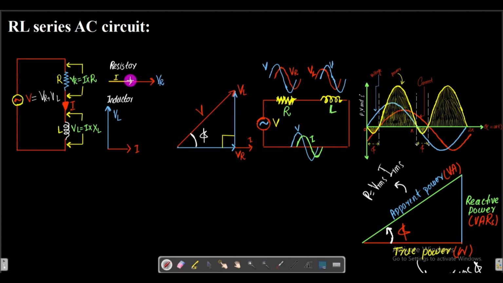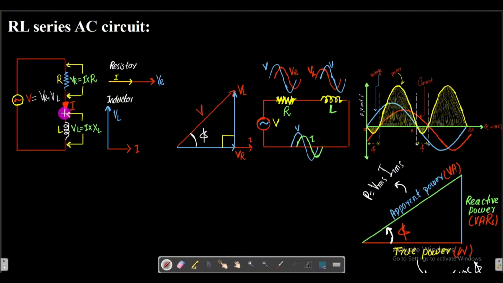Here the angle is 0, and when this voltage is passed through a pure inductive circuit, the current lags behind the voltage by 90 degrees, and we had discussed this in the previous videos.